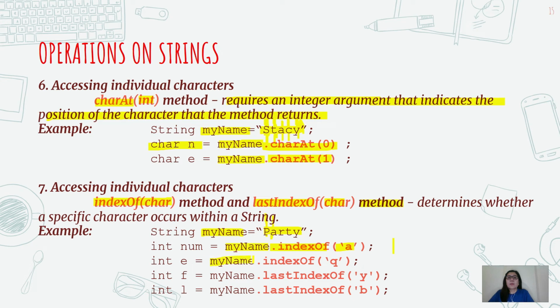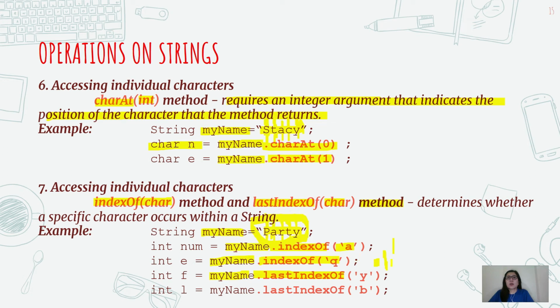Next, my name that index of Q. So, walang Q dito sa ating string. Kapag wala yung character doon sa string, ang i-return niyang value is negative 1. Same is true with my name that last index of Y. So, bibilangin ulit niya 0, 1, 2, 3, 4.